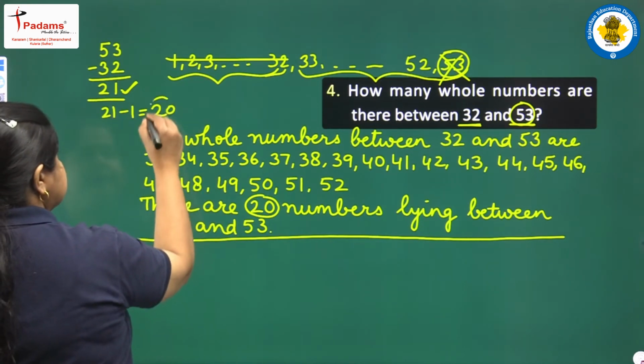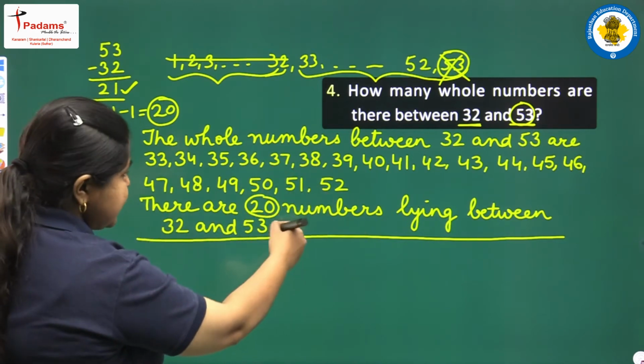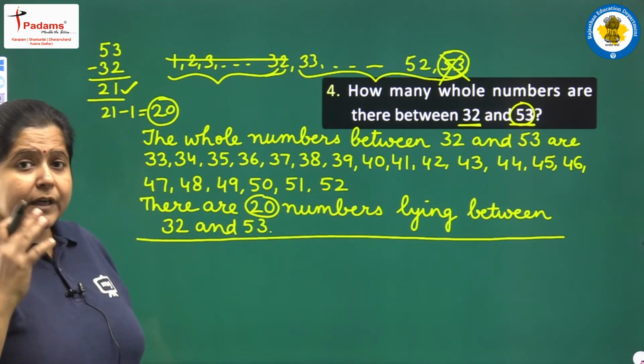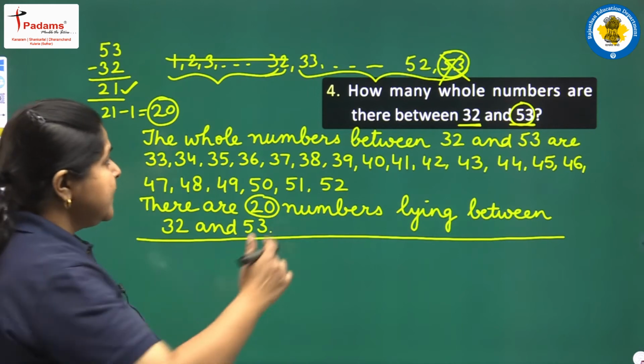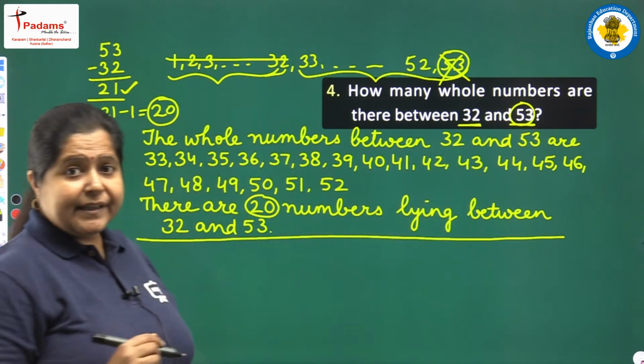Now, we will get the number which is the answer, the counting of numbers lying between 32 and 53.